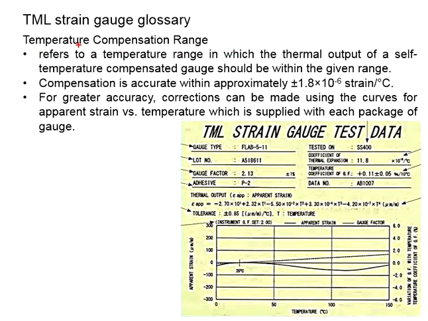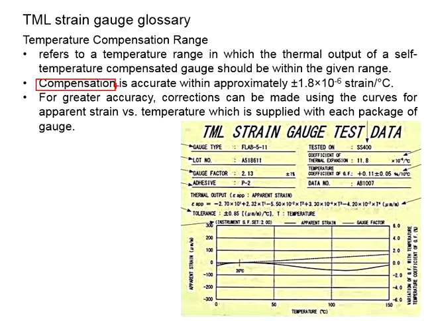This refers to a temperature range in which the thermal output of self-temperature compensated gauge should be within the given range. That means this is the range which the self-temperature compensated gauge is applicable.